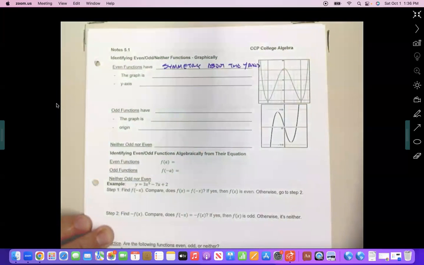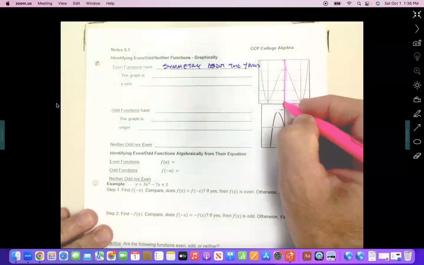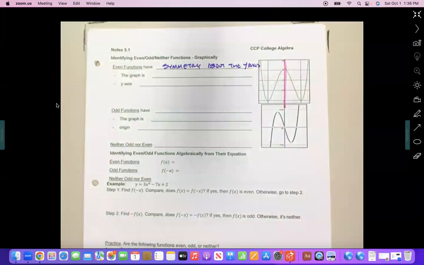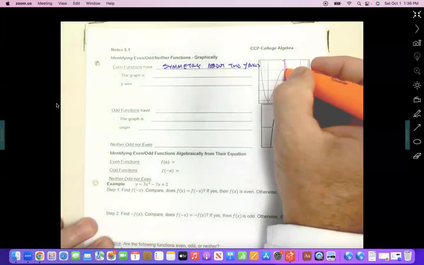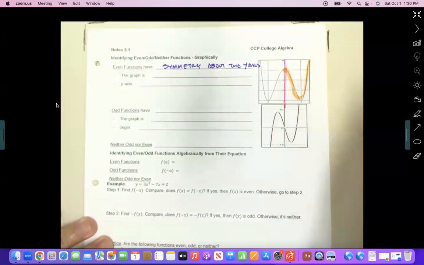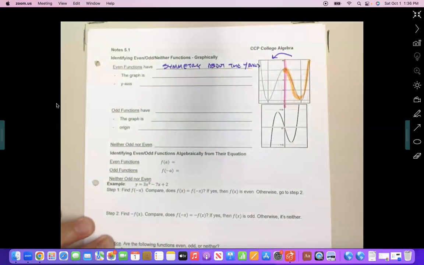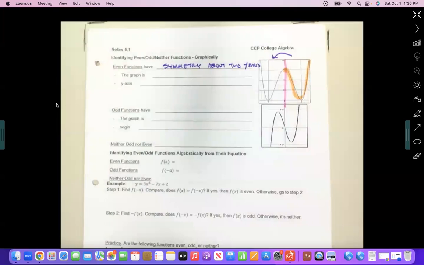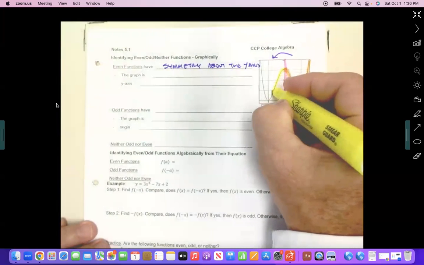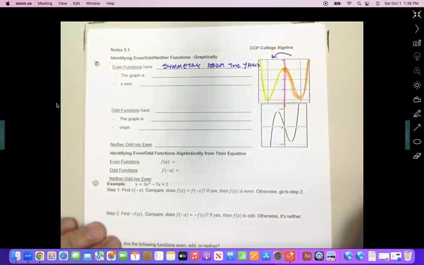In our diagram over here, you can see that this is our y-axis, and a function has been drawn on here that has symmetry about the y-axis. In other words, if we took the right side of this function and did a little flip across, we would end up matching the exact same function on this side, and that would work vice versa.